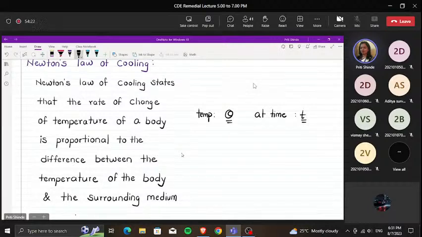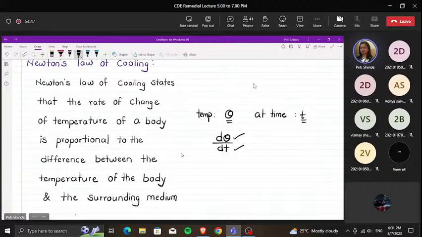Temperature of the body at any time t. Rate of change of temperature means differentiation: d theta by dt. Your temperature is changing with time, so d theta by dt is the rate of change of temperature.